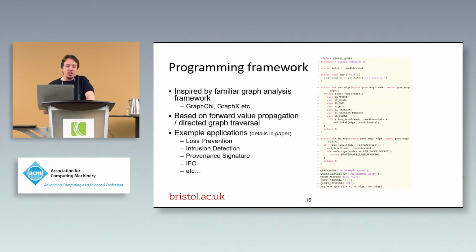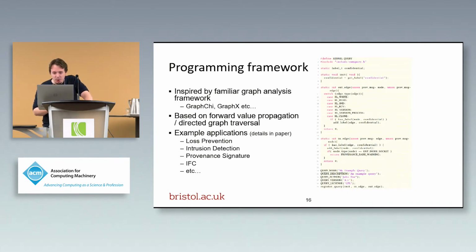We looked at a bunch of applications that have been proposed in the provenance-based security literature, and we verified that we could re-implement equivalent applications using our framework. So we look at loss prevention, intrusion detection, provenance signature, information flow control, provenance-based access control, and we verify the framework could re-implement that type of policy.